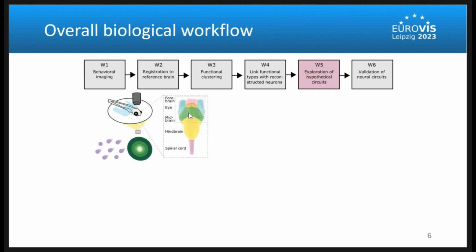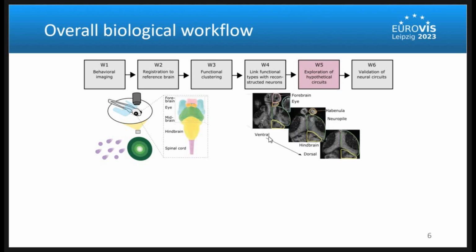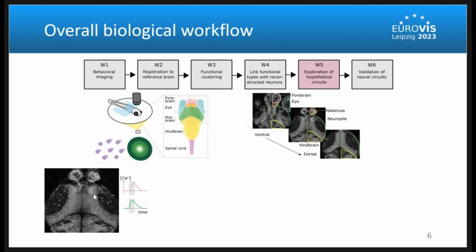First, a behavior experiment is performed and the activity of the neural cells is recorded using calcium imaging in multiple Z-planes. Next, the Z-planes are registered to the reference brain. The bodies of the active neurons are segmented and functionally characterized based on their activity curves.